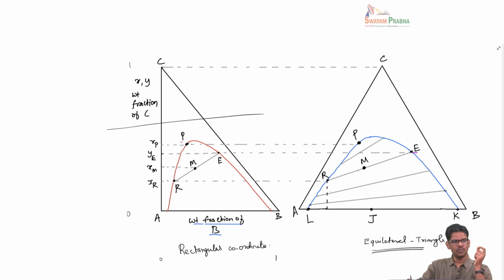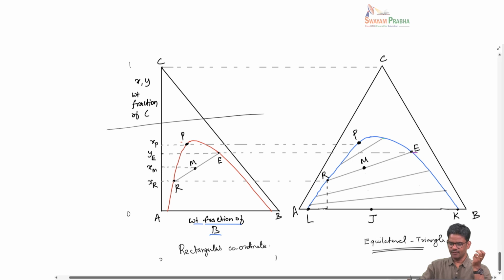This is YE, because Y is used for the B rich phase. This is mapped into the mole fraction YE here, and correspondingly for this point you can find the weight fraction of B.